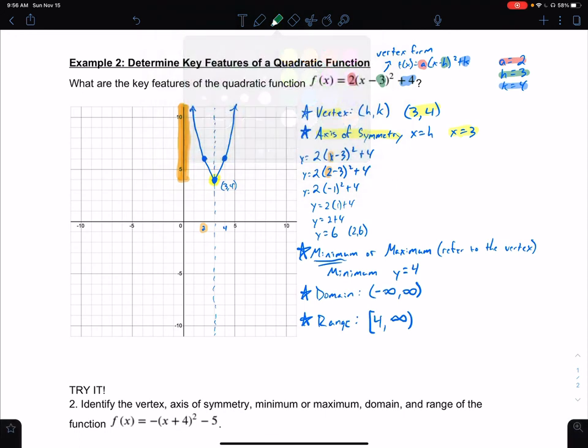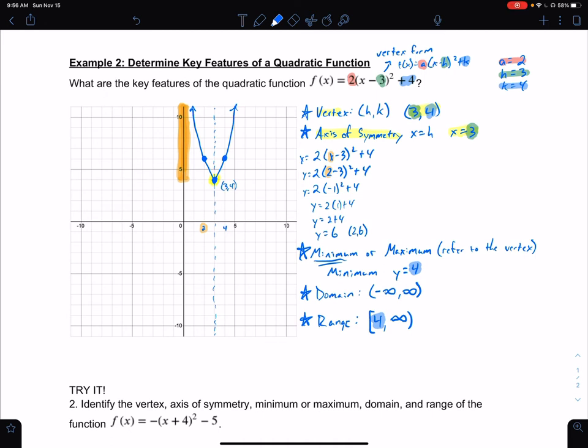Let's go back here. Your h value is your x. I highlighted the wrong one. So x is 3 in your axis of symmetry and in your vertex. Your h value will be used each time there. Your k value is your y value for your vertex. It's also going to be used in your minimum or your maximum, and it's going to be used in your range. Okay, so kind of keep that in mind.